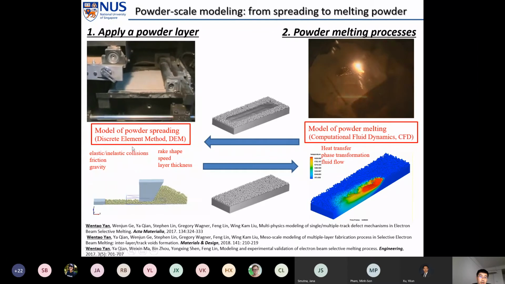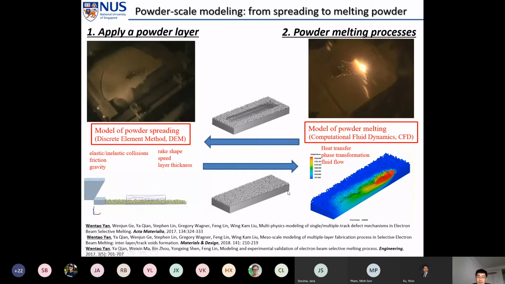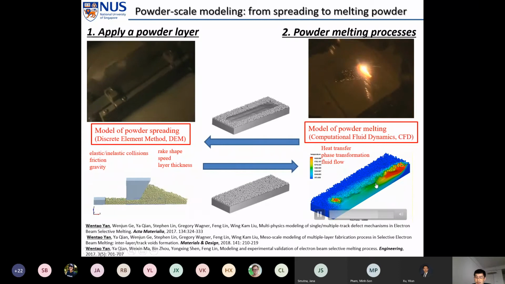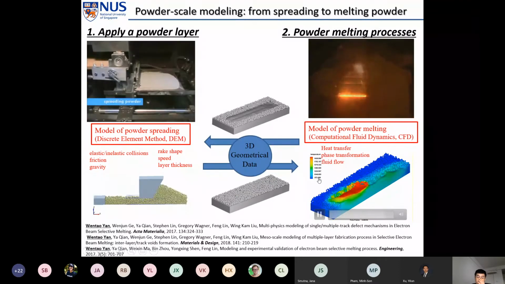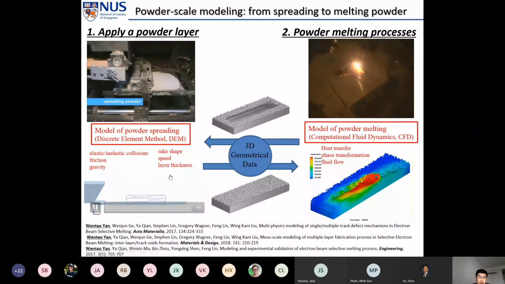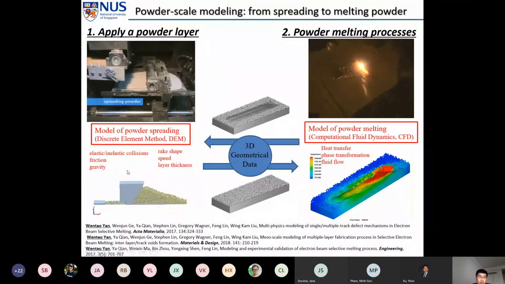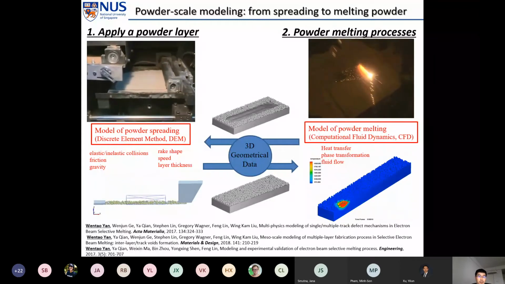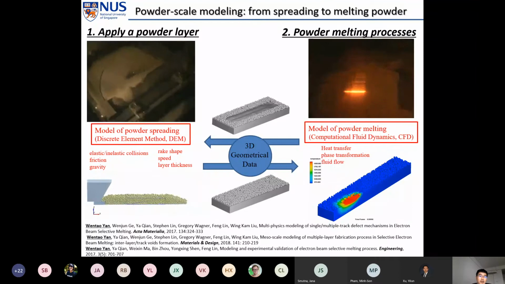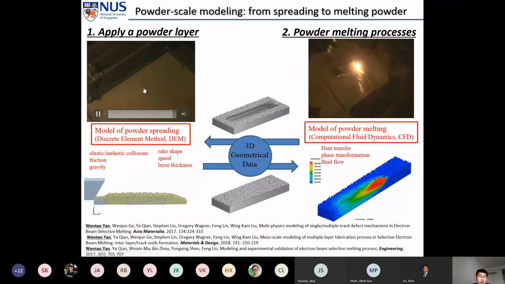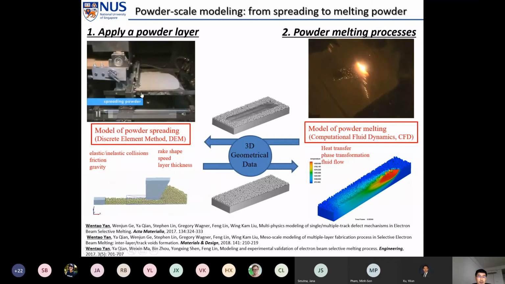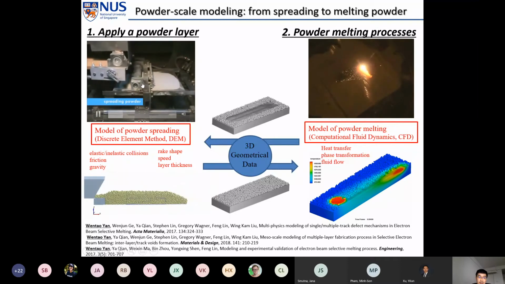So this model is not only to provide this geometry, we can also use this model for two things. One is to provide guidance on the machinery design, how we can design a better powder spreading machine to make the packing density better.